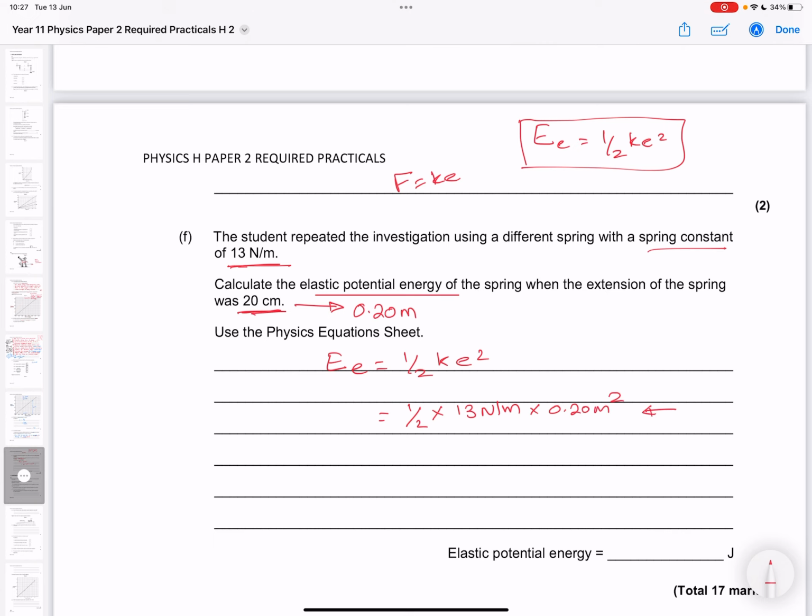Make sure to show this step. They always give you marks for it. Then if you solve that on your calculator, you should get 0.26 joule.